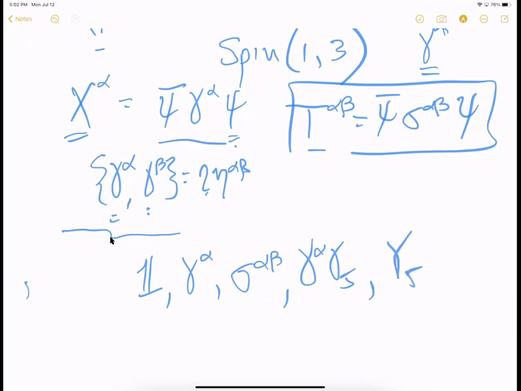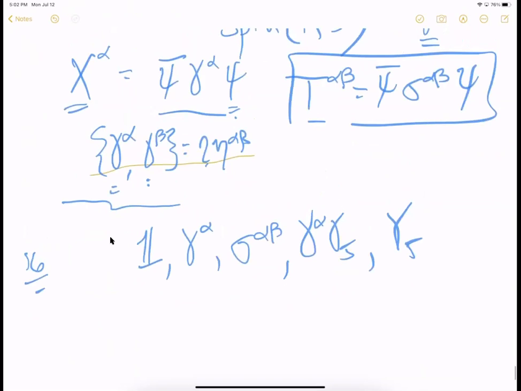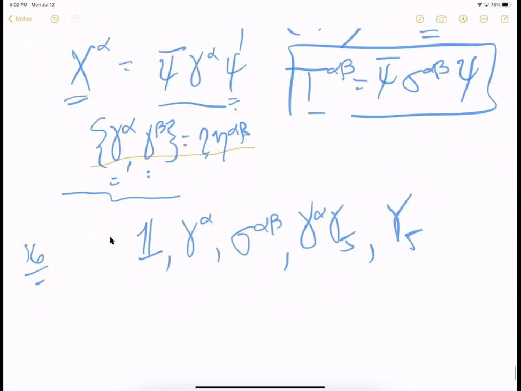And that's 16 different matrices that span all 4x4 matrices. And we can now combine those with spinors and build various tensors. Anything we can build that way, we're allowed to put into the action. So it's not uniquely determined. There's plenty of flexibility. That's what we get from the Lorenz symmetry.